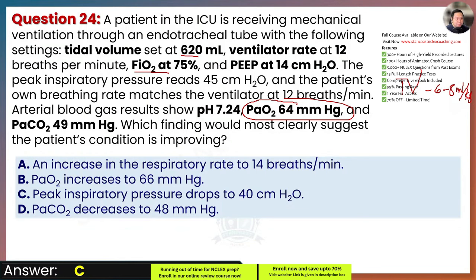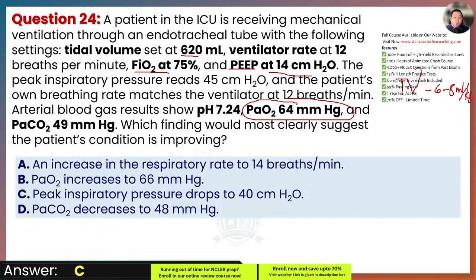Now let's go into the PEEP, this one right here, value of 14 cm water. Okay, so this is the positive end-expiratory pressure at 14 cm water. We know that the PEEP refers to the pressure that is applied to the lungs at the end of the exhalation to prevent alveolar collapse, and so to improve oxygenation and lung compliance.